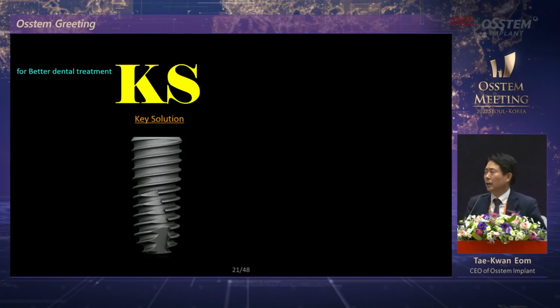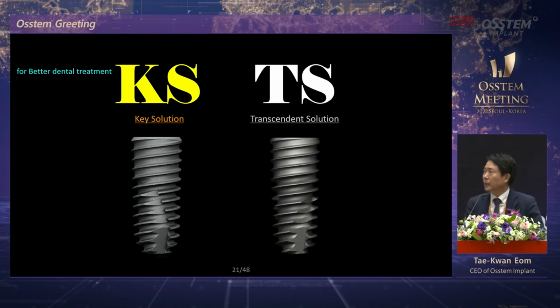So we thought, what if the TS 4.0 diameter implant fracture strength is as good as the 5.0 diameter implant fracture strength? We have not reached the 5.0 diameter implant fracture level, but we achieved the 4.5 level.